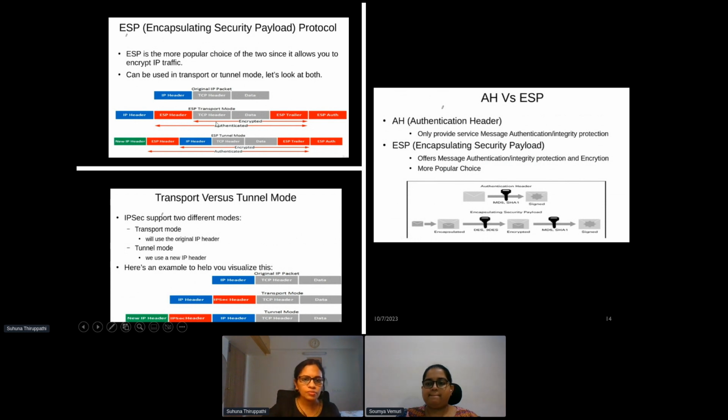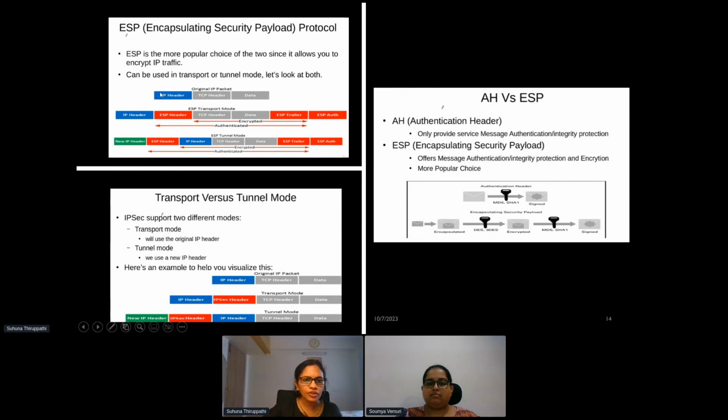In transport mode, the ESP header is prepended, in between the IP header and the TCP header, and an ESP trailer is appended with the data. Then from the TCP header to the ESP trailer is encrypted, and the message is completely authenticated. This authentication data is stored in the ESP authentication field. This is transport mode.